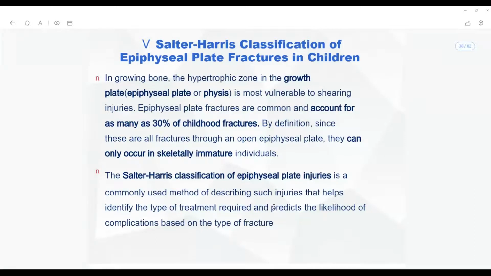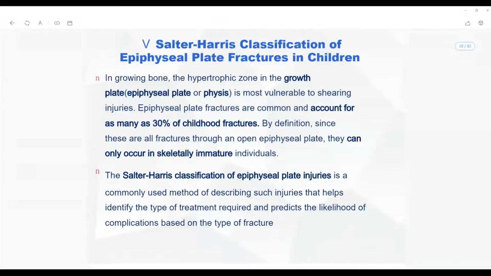It is a lot confusing, but I will try to make it very simple when it comes to this type of fracture classification, especially in case of children. There is a classification known as the Salter-Harris classification of the epiphyseal plate fractures in children.